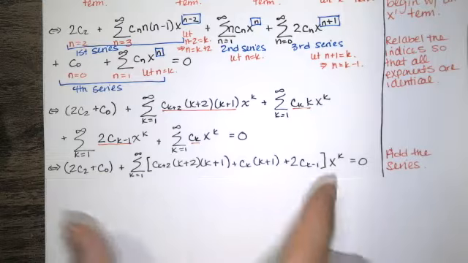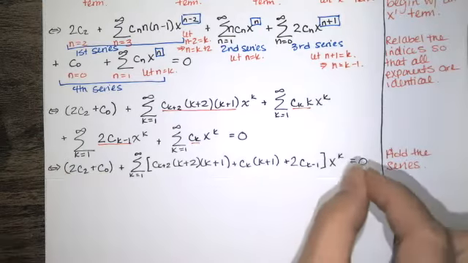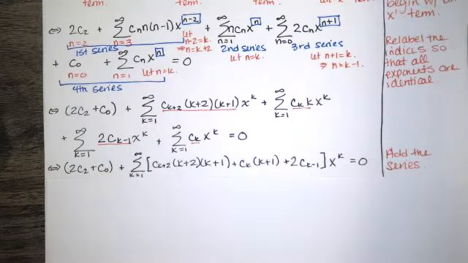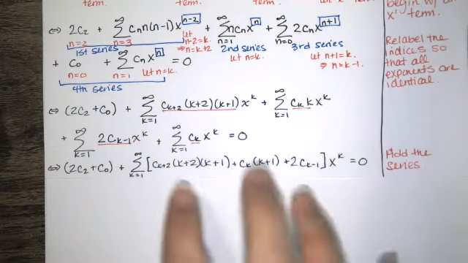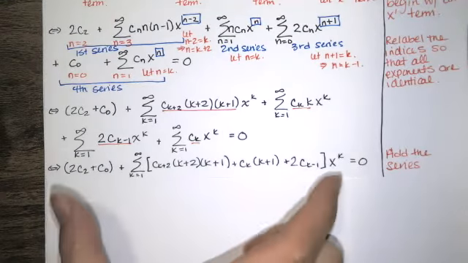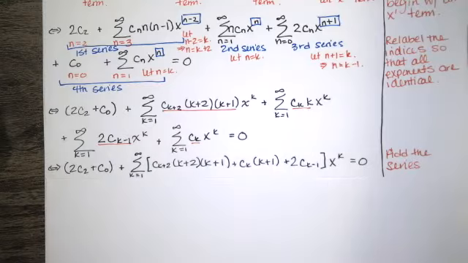Now, if this is an infinite series on this side and this is equal to 0, because of the linear independence of powers of x, the linear independence of 1 and x squared and x cubed and x to the 4th and so on, if I've got these constants multiplied by the powers of x, and that's equal to 0 plus 0x plus 0x squared and so on, the only way that can happen is if all of the coefficients are 0.